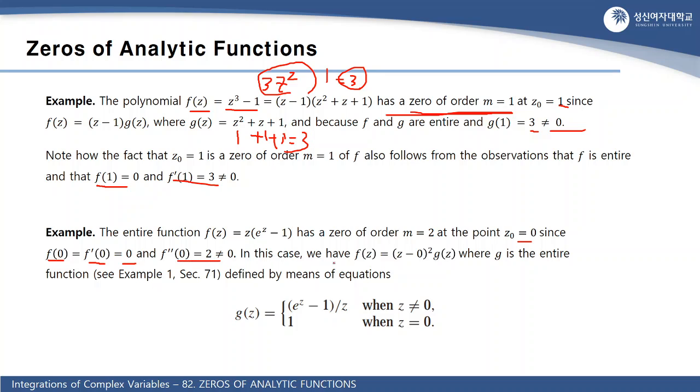In this case, we have f(z) can be expressed like this: (z - 0)² times g(z), where g is entire function here.